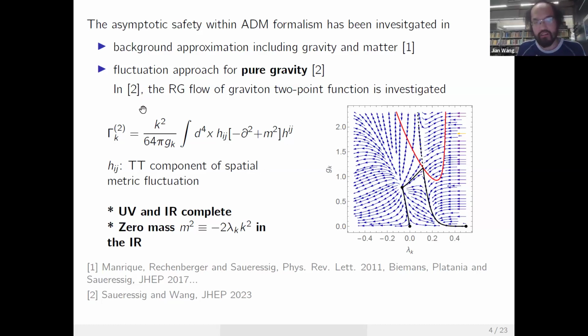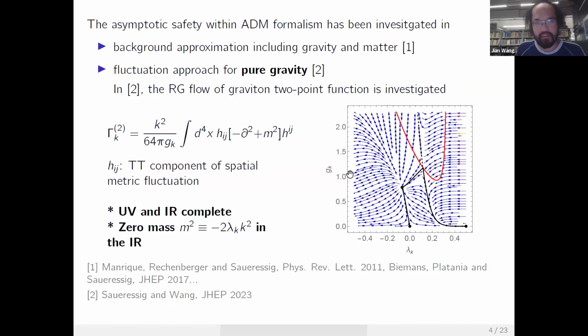Then in our previous work, we got the flow diagram for the Newton coupling and the graviton mass, or the cosmological constant, for the pure gravity case, which is given by this one.